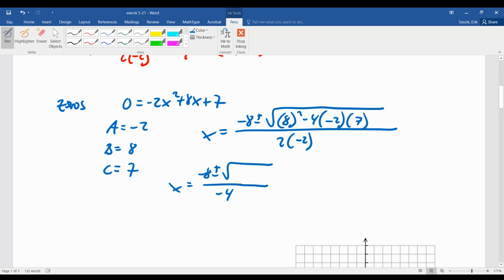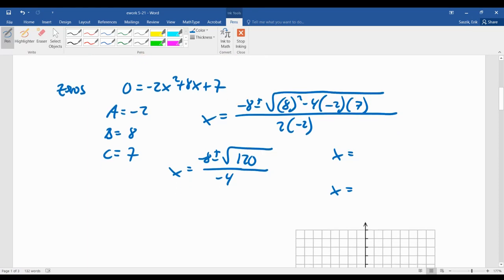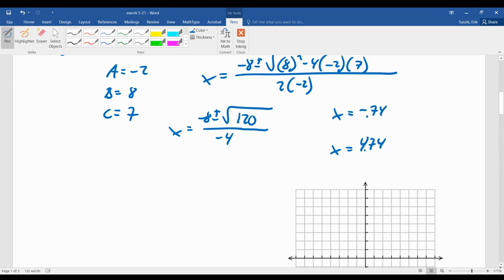And there's 2 negatives, so it'd be 8 squared plus 56. That comes out to 120. That is not a perfect square. We're going to have to use our calculator here. We're going to do this with the plus and with the minus. And we should come out to -0.74 and 4.74.